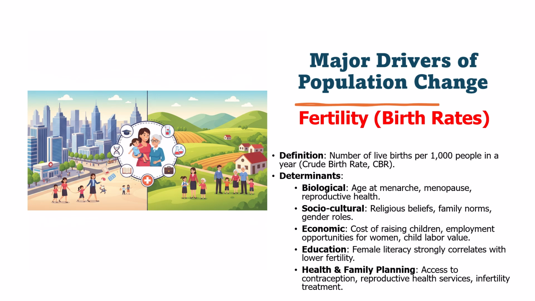Fertility levels are shaped by a range of biological factors such as age of menarche, that is, the first menstrual cycle in women, then menopause and reproductive health, but are equally influenced by socio-cultural norms, religious beliefs, and family expectations.